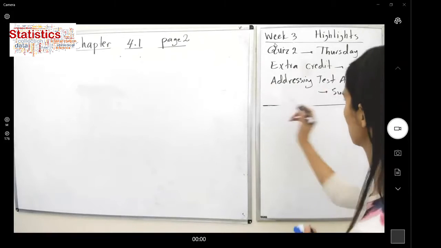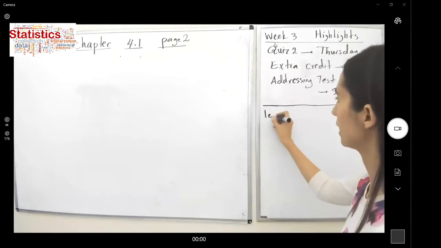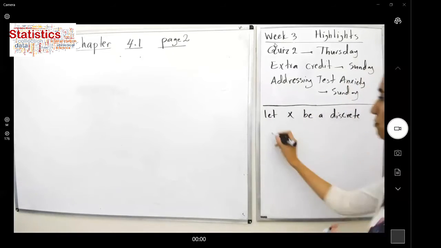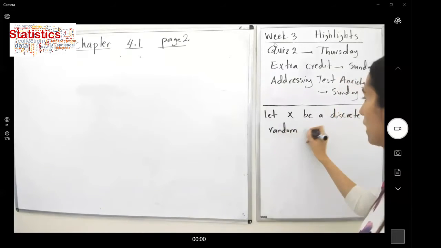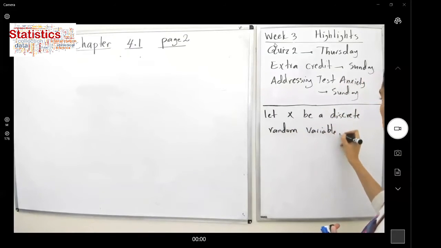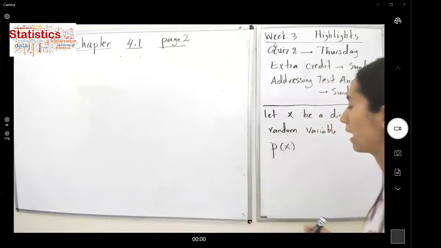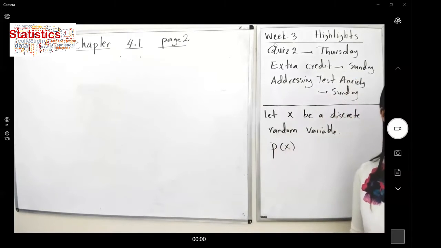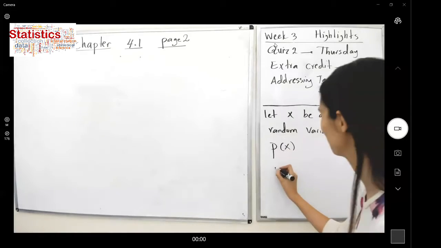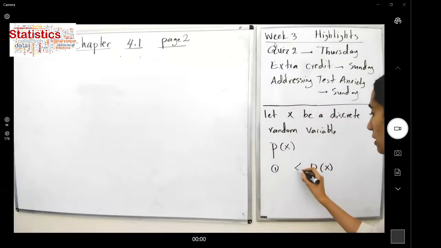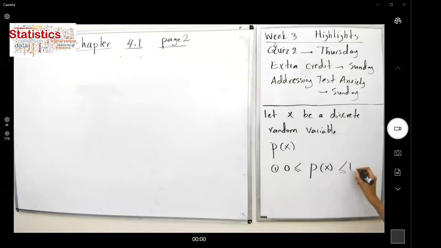So let X be a discrete random variable. P of X is the probability of that random variable X. It has some properties. First of all, the probability of random variable X is a number in between 0 and 1 inclusive.